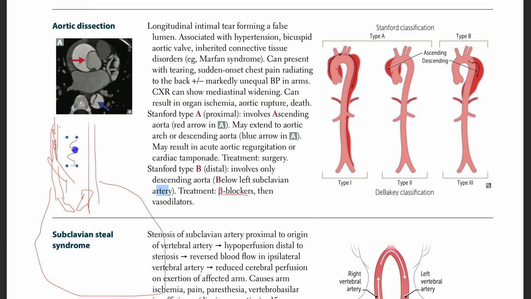So we can give beta blockers, or what? Another thing we can do is we just make this wider, right? So there's a lot more area for this to go in rather than going into this, because then there will be resistance here compared to this area. Because remember, you're dealing with 120 mmHg of systolic pressure.